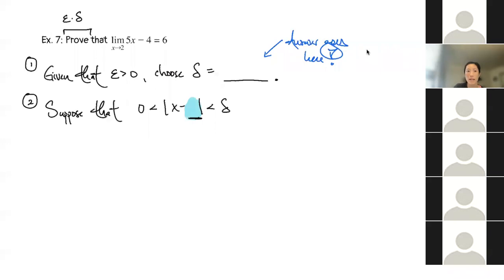What is our a value? Yeah, it's 2. So this 2 is our a value, and I'm going to plug a 2 right in there. So given that epsilon is greater than 0, choose delta to be, well, that's where our answer is going to go. So suppose that 0 is less than the absolute value of x minus 2, which is less than delta. Okay.